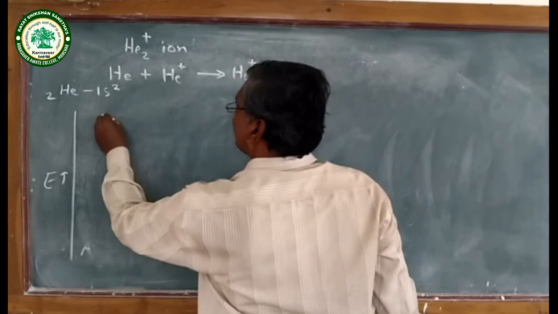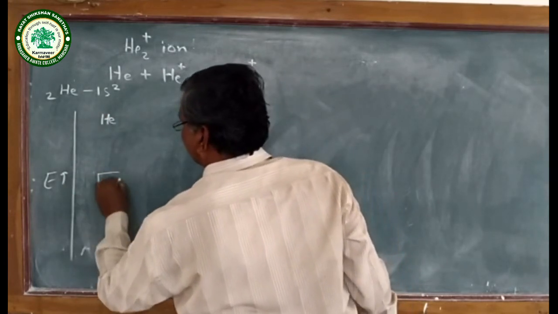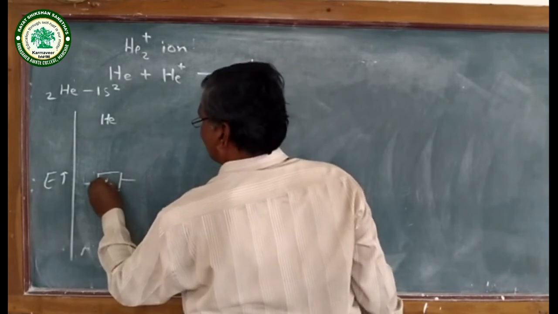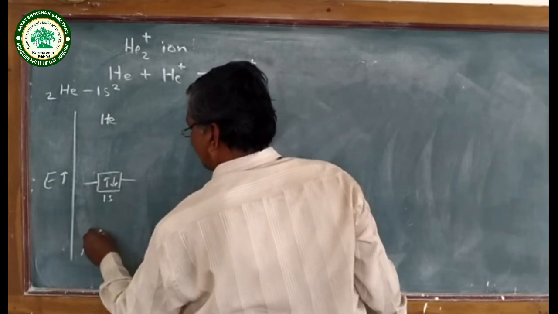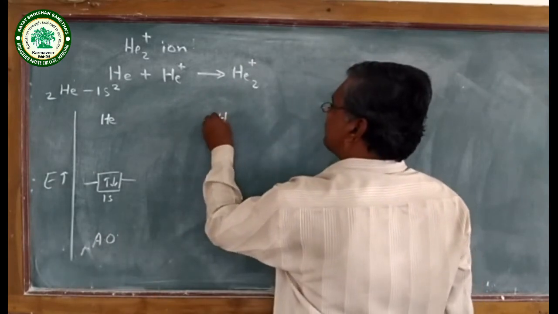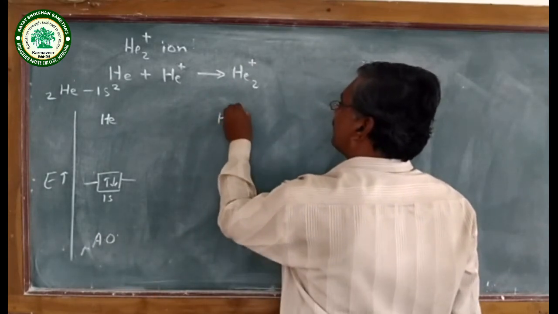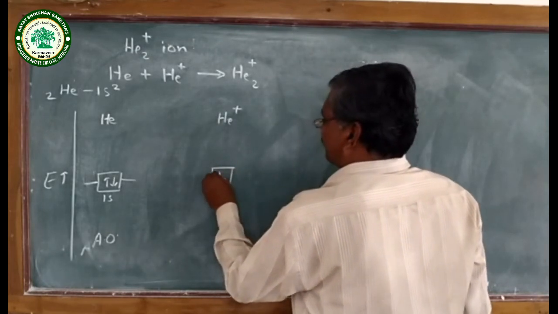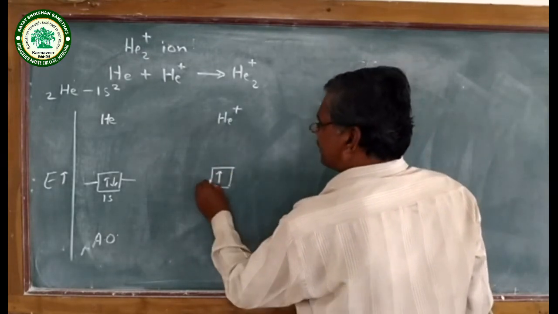Helium atom, the 1s orbital containing 2 electrons. These are the atomic orbitals of helium, and He plus ion, where one electron has been removed to form the He plus ion.